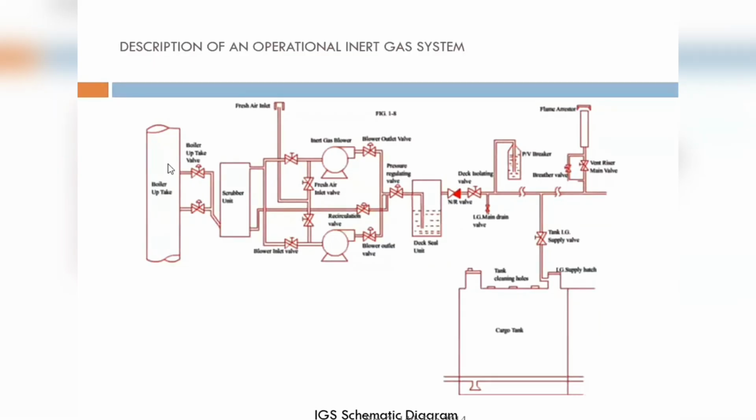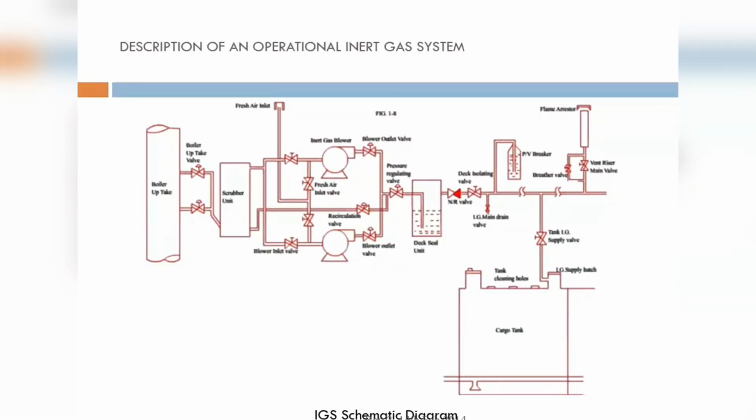Alright, so boiler uptake. From there is a boiler uptake valve which goes to the scrubber tower. The hot, dirty flue gas comes to the scrubber tower and is cleaned and dried. After that it goes to the IG blower, and from the blower it goes through the deck seal and non-return valve. Finally, it goes inside the cargo tank.